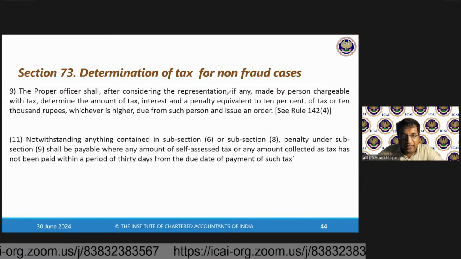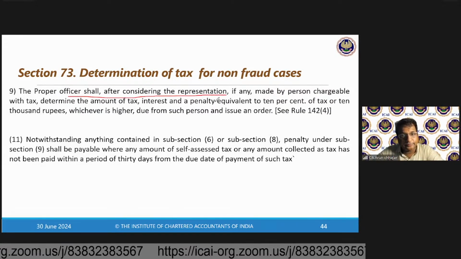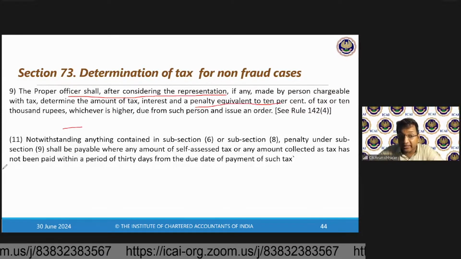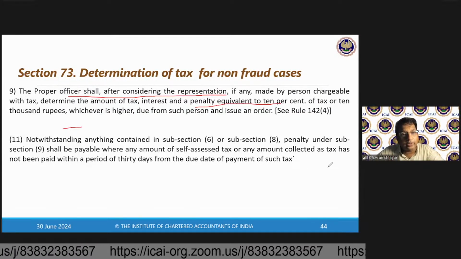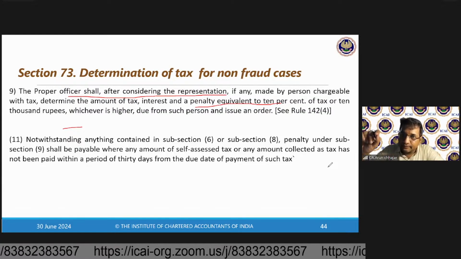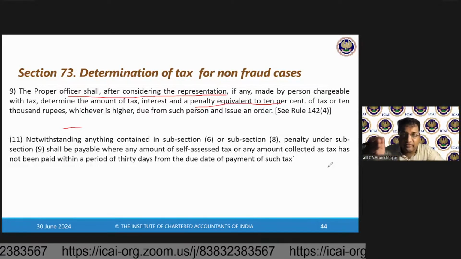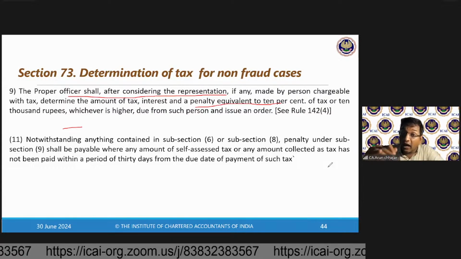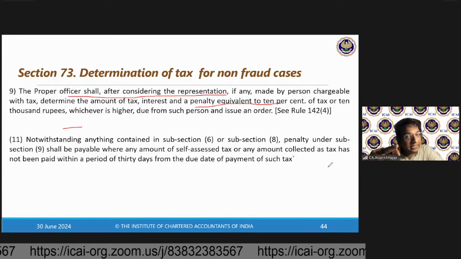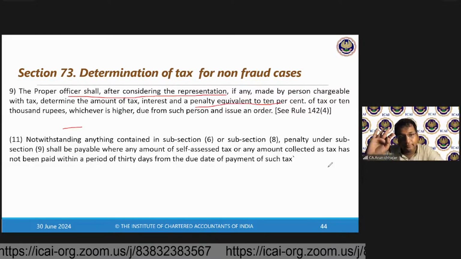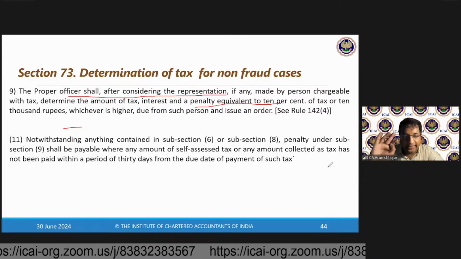The proper officer, after considering the representation, and penalty equal to 10% of the tax or 10,000, whichever is higher, then issues the order. It means before the show cause notice, no penalty. After the show cause notice, within 30 days, no penalty. After 30 days, the penalty would be there, but that would be 10% or 10,000, whichever is higher.